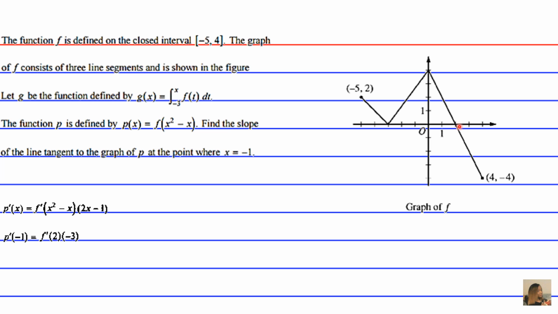So -4 minus 0 in the numerator is going to give you -4, and 4 minus 2 in the denominator is going to give you 2. So negative 4 divided by 2 is going to give us a negative 2.